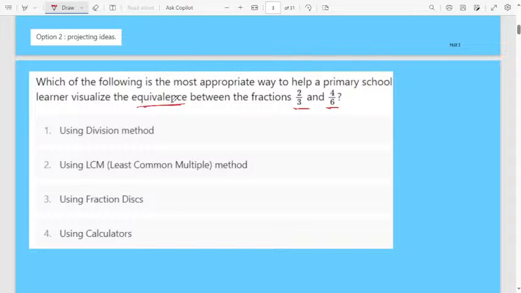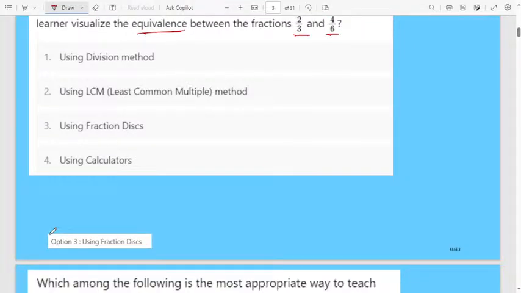First option, using division method. Second option, using LCM. LCM means least common multiple. Third one, using fraction discs. Fourth one, using calculator.